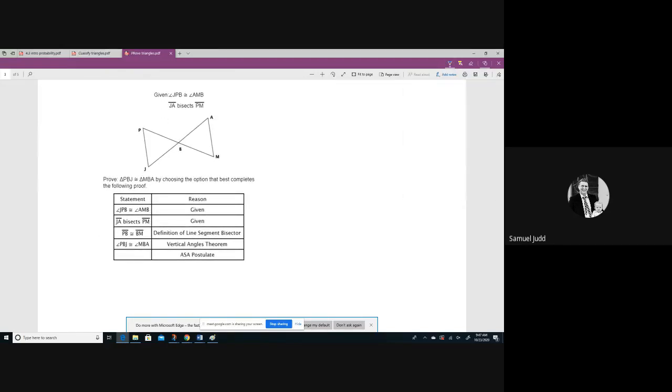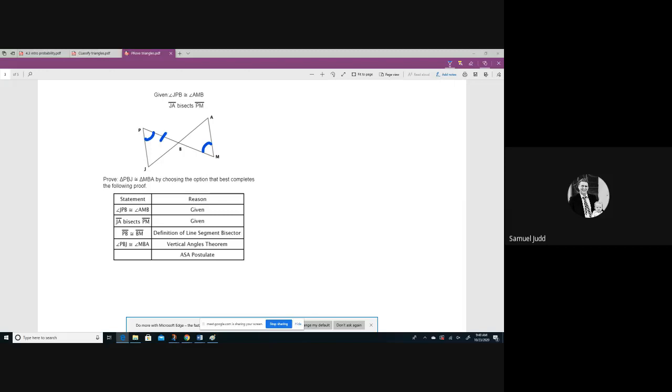Let's talk about our next proof. We are given that angle JPB is congruent to angle AMB. And that JA bisects PM.